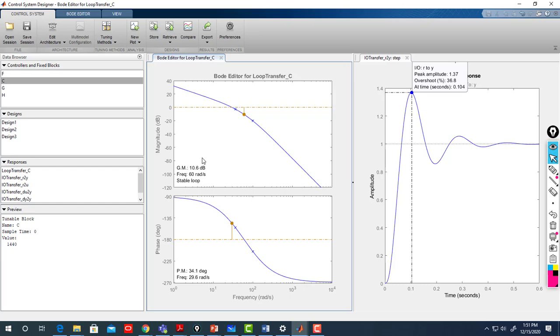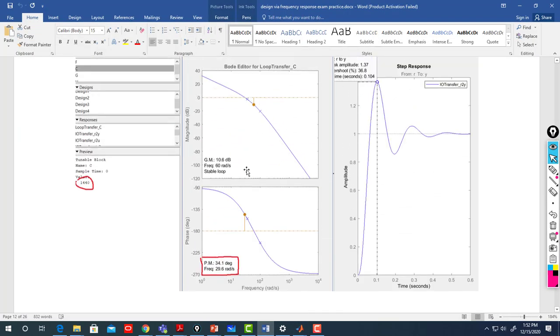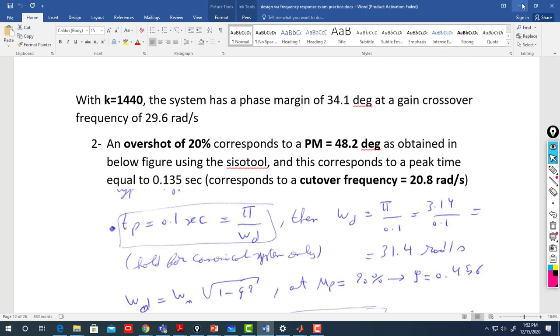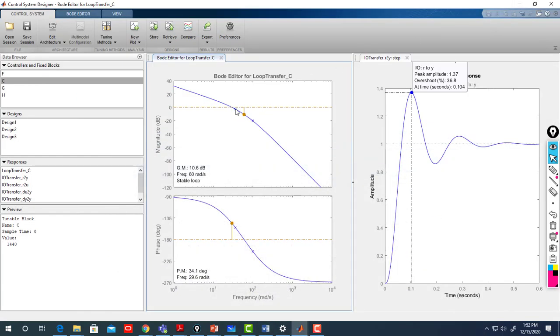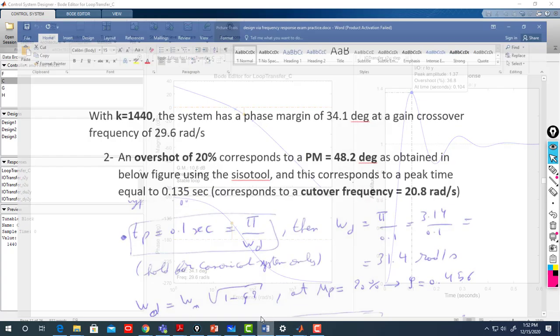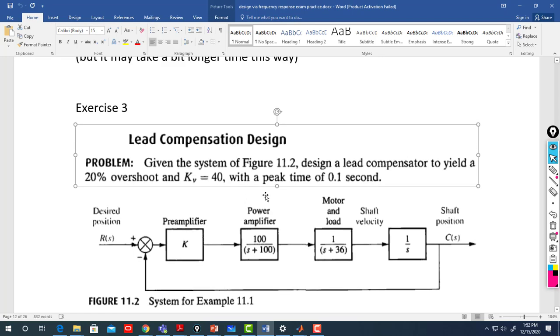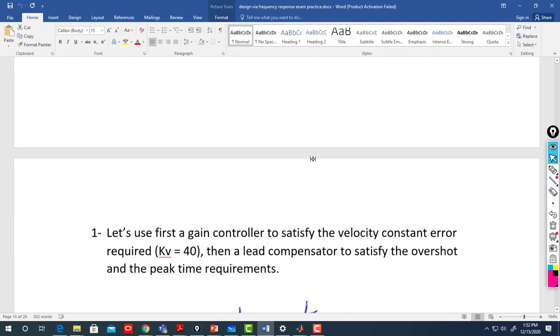I recorded this data in the Word document for you, because we will use it later for the next step. So now I design to get an overshoot of 20% as required, with a peak time of 0.1 second.